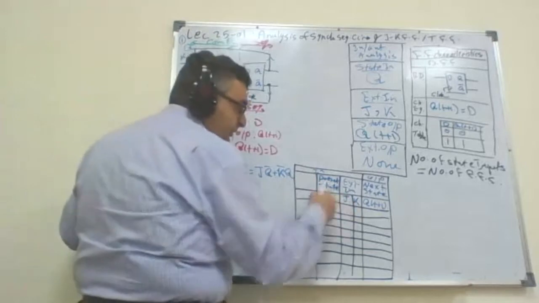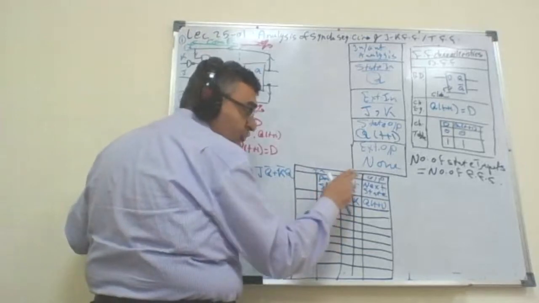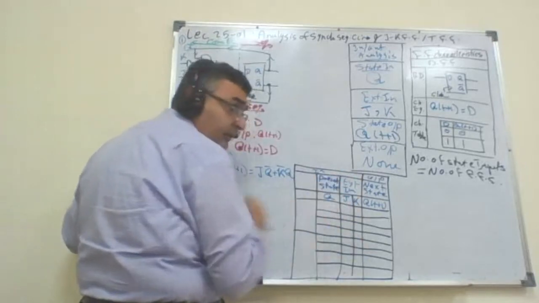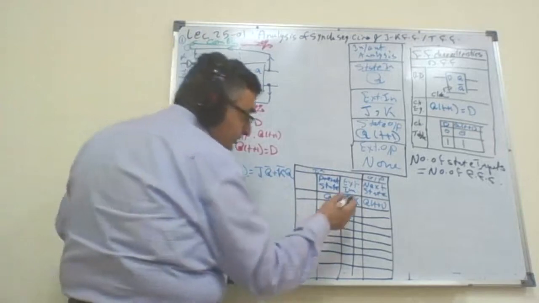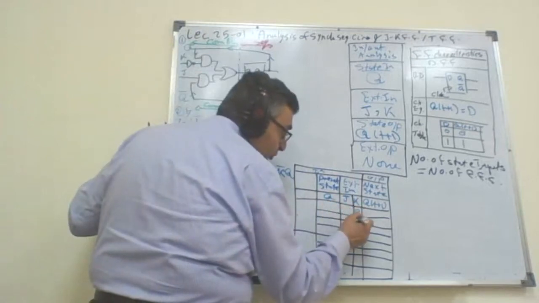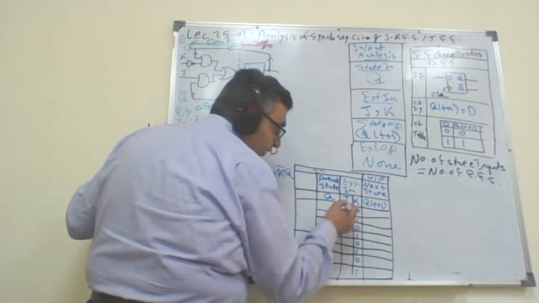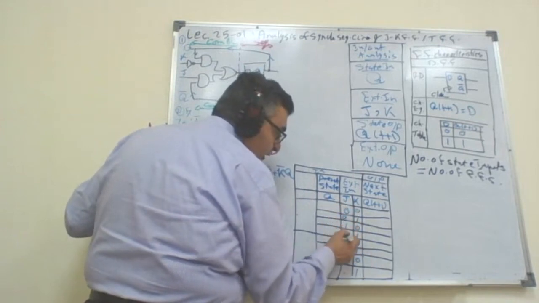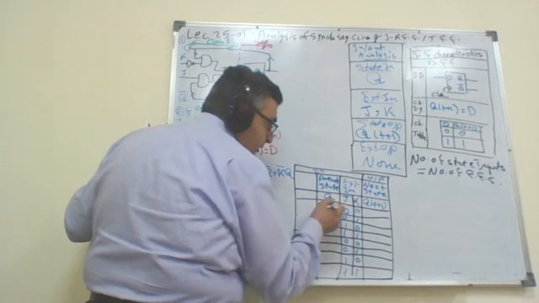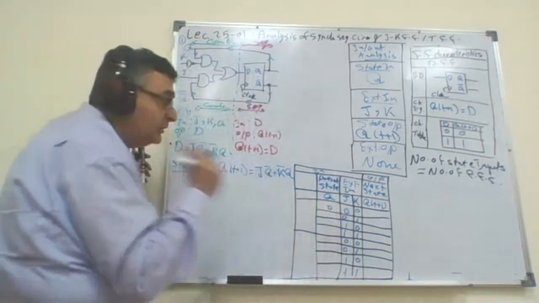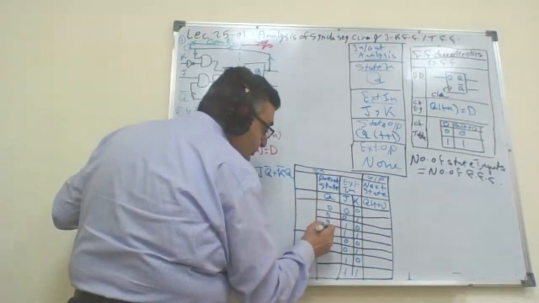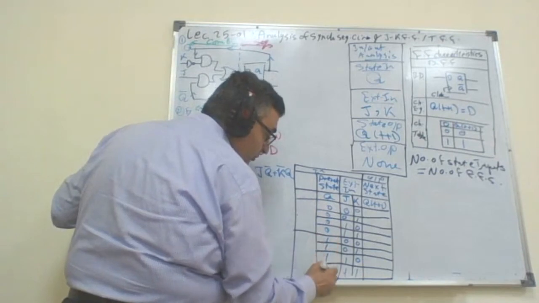Yes. 3 inputs. My recommendation is always put the external inputs, then the present state. It makes it easier as we go 0, 1, 0, 1, 0, 1, 0, 1, 0, 0, 1, 1, 0, 0, 1, 1, 0, 0, 0, 0, 1, 1, 1, 1.